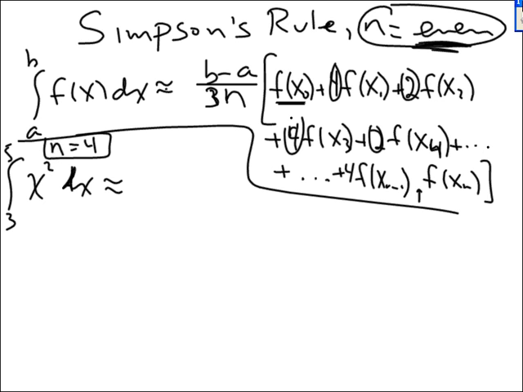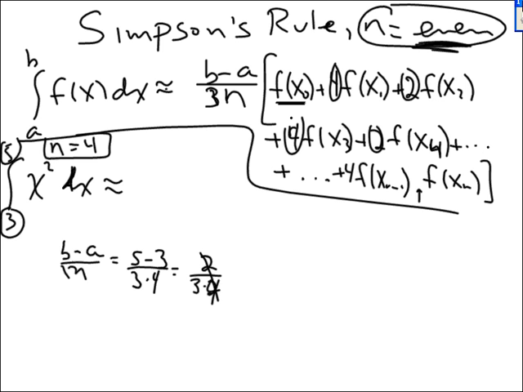Well, the first thing I would want to do is find out what delta x is. That is, what is b minus a over 3n? That's a, that's b. It's 5 minus 3 over 3 times 4, n is 4. It's 2 over 3 times 4.